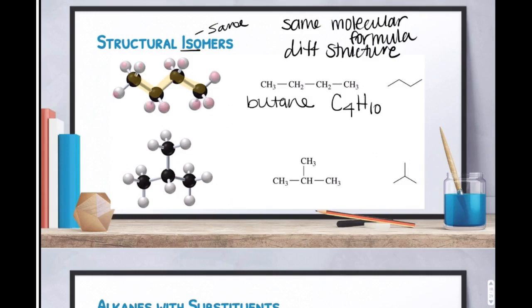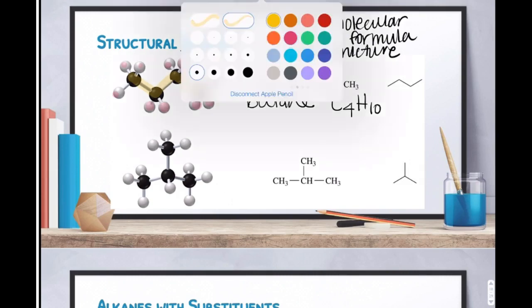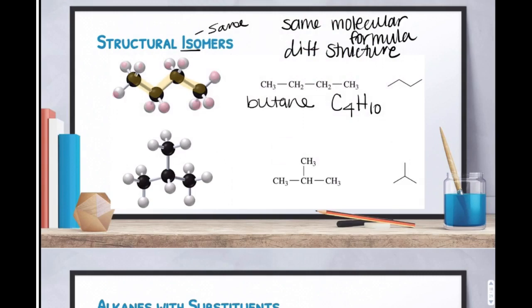Now let's look at this one. How can I name this compound? Well, I'm always going to name starting with the longest chain that is unbranched. So I need to look at the longest chain. My longest chain options are 1, 2, 3, or 1, 2, 3, or 1, 2, 3.